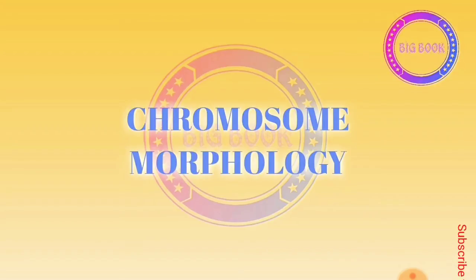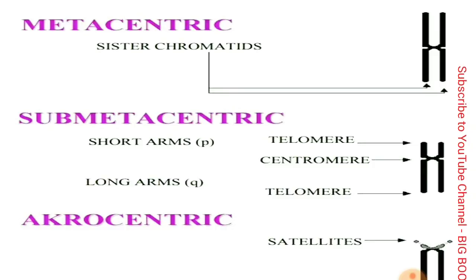Before doing that, we have to understand the chromosome morphology in a karyotype. You will study chromosome morphology very well in many classes of your colleges or in your tuitions or tutorials. Here you can see there is a metacentric chromosome, a submetacentric chromosome, and an acrocentric chromosome.